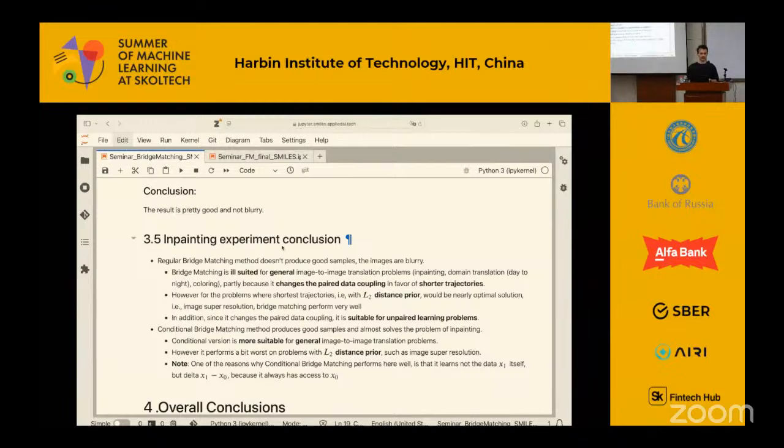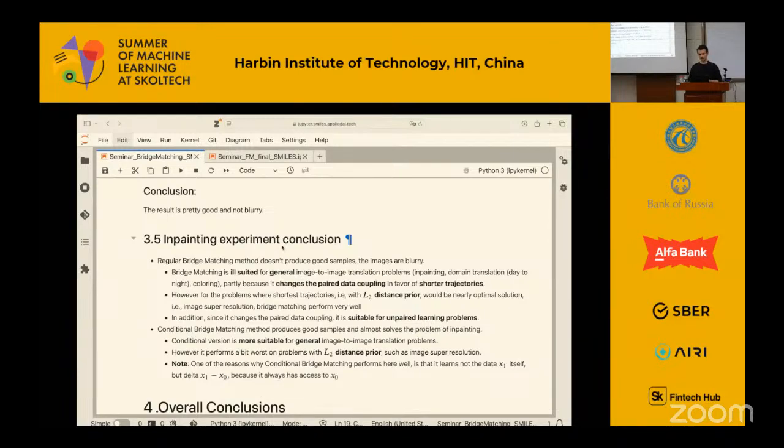But that is what regular batch matching is good at. Examples of such problems are image super resolution and image denoising. In these problems, shorter trajectories are actually a good thing, because the result of generation should be close to the initial data that you have as an input.